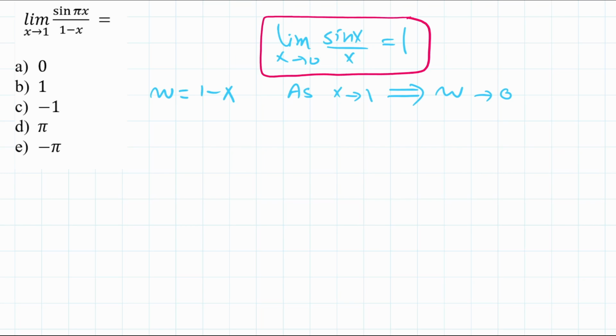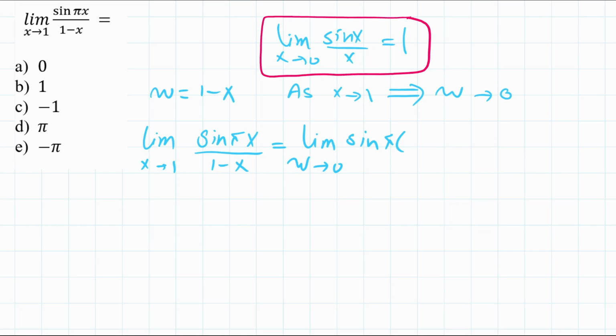So this limit, the limit as x goes to 1 of sine pi x divided by 1 minus x, is going to read the limit as w now goes to 0 of sine pi, and x, you can solve for x from here, and it will be 1 minus w, divided by w now.